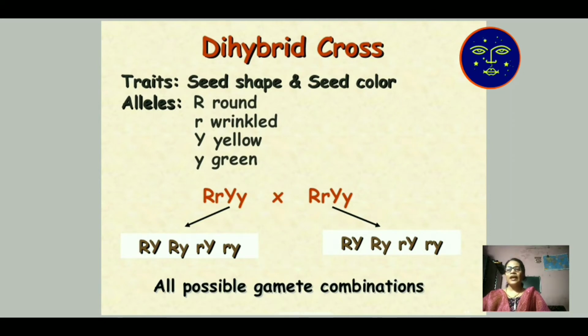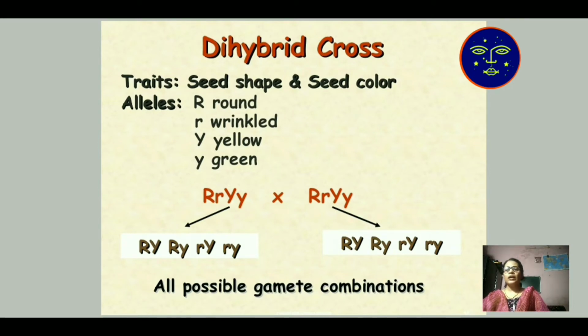But in the dihybrid cross, four alleles are taken: capital R for round, small r for wrinkled, capital Y for yellow and small y for green. When we cross capital R, small r, capital Y, small y with capital R, small r, capital Y, small y, the result is a heterozygote.